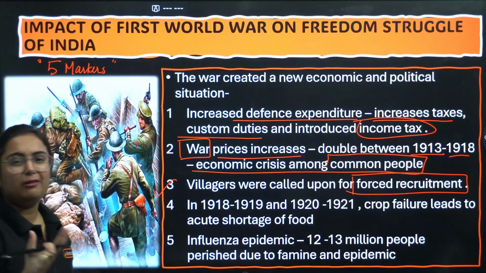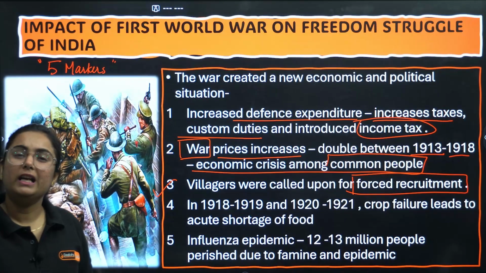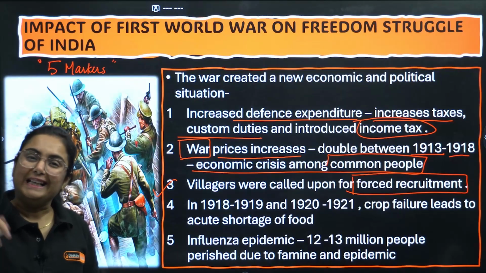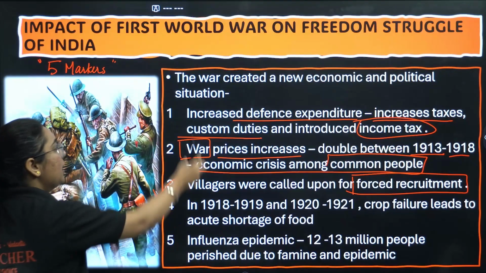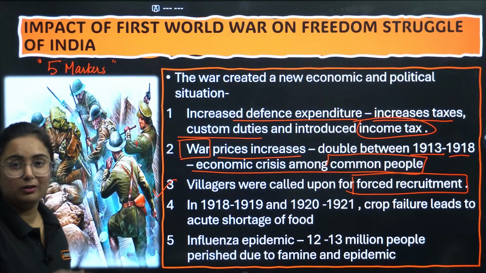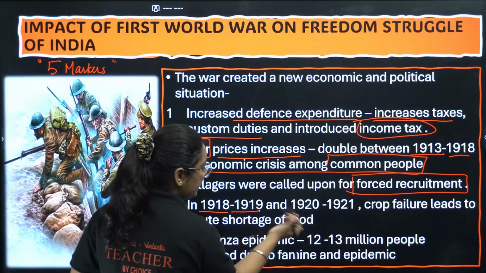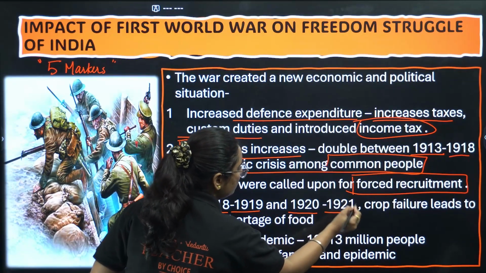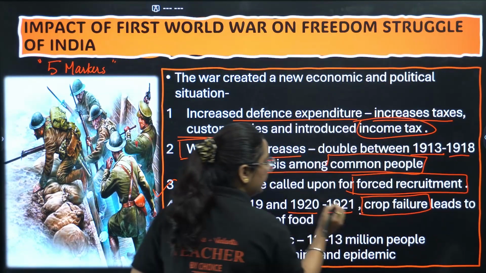Now, whenever we are in poverty, the problems increase. I don't know how it is, but it increases. Similarly, we were in a situation of problems, and problems were getting added one by one. In the years 1918 to 1919 and 1920 to 1921, many crops failed in India.